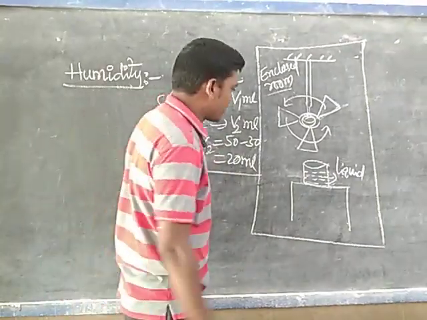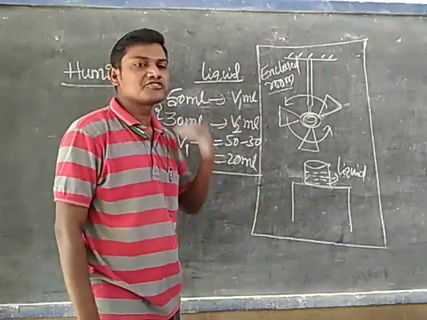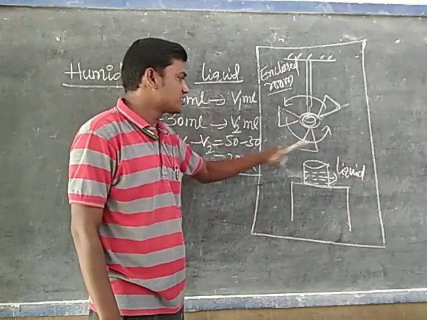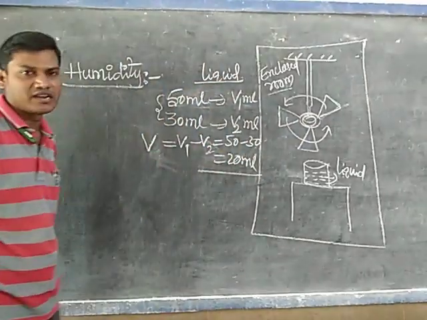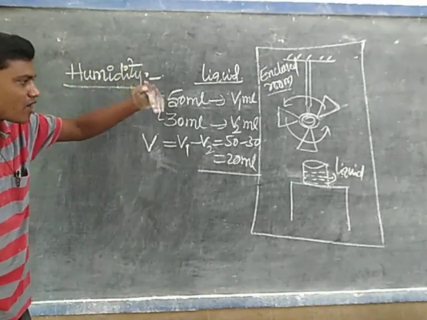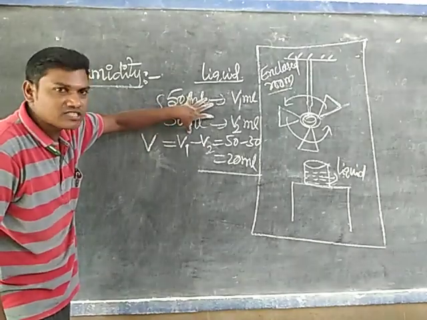Next, we take another beaker. This beaker is also filled with 50 ml, the same quantity as initially, and we do the same experiment again.